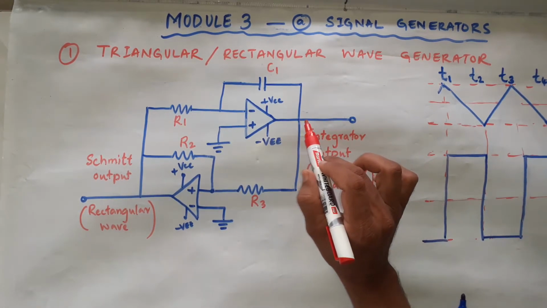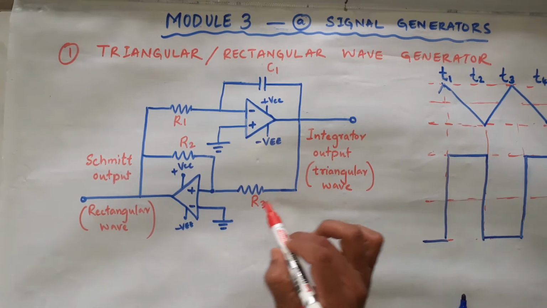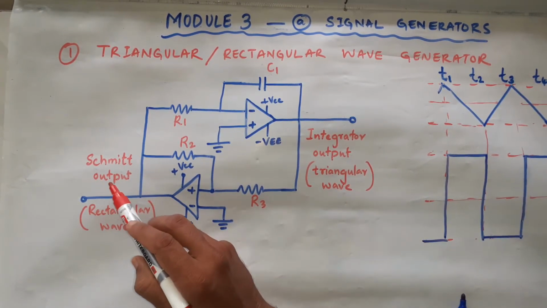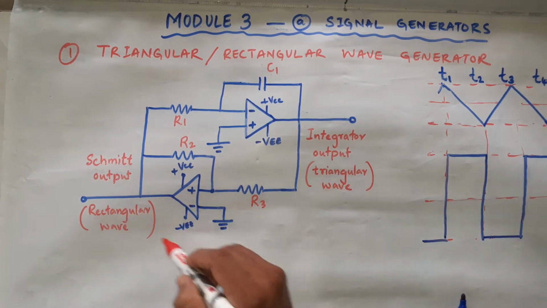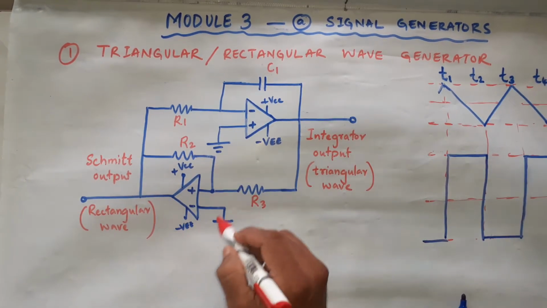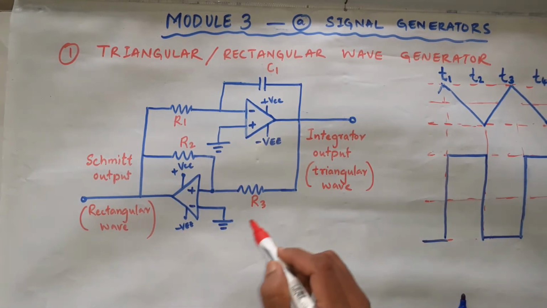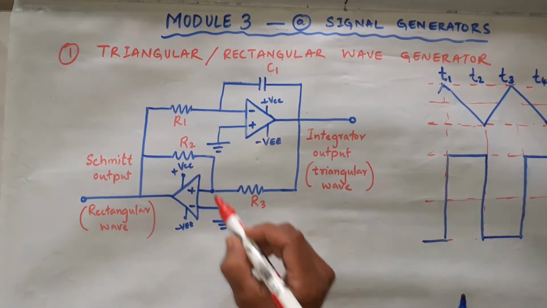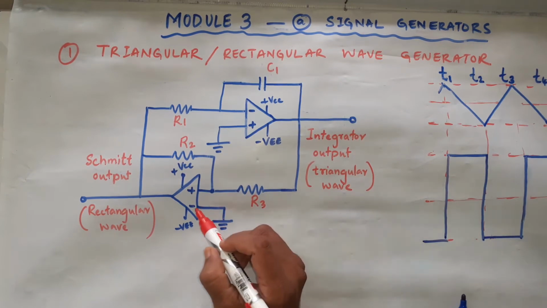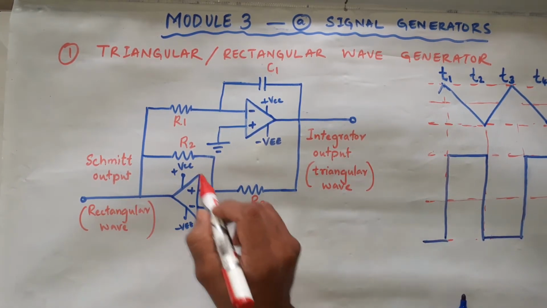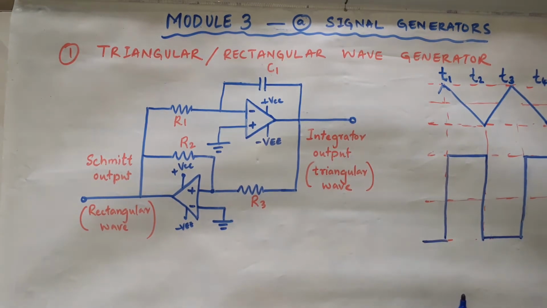The same output of the integrator is given as input for your Schmitt trigger. This is the Schmitt trigger circuit, wherein the op amp is working along with resistor R2 and resistor R3. Resistors R2 and R3 along with the op amp make it work as a Schmitt trigger, and the output of this Schmitt trigger is a rectangular waveform.